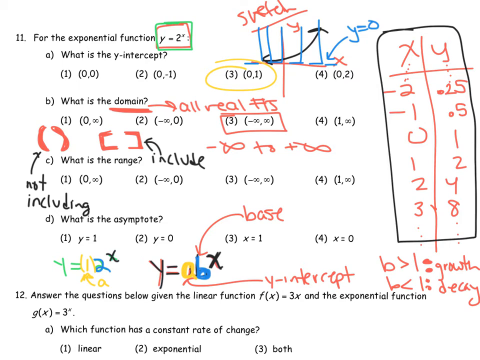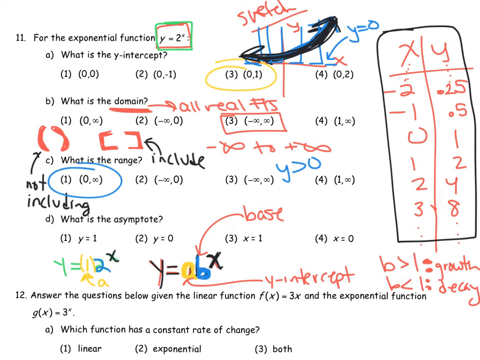So all of my y values will be greater than 0, and the only option for that would be answer choice 1. We're going from 0 to infinity, because remember that asymptote.